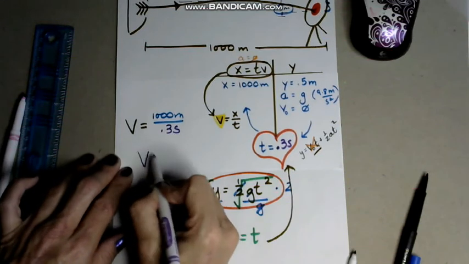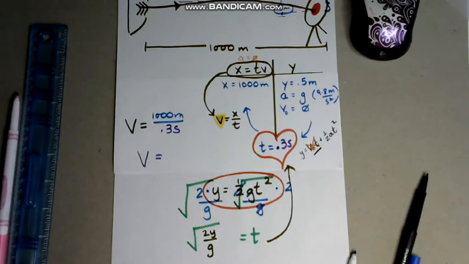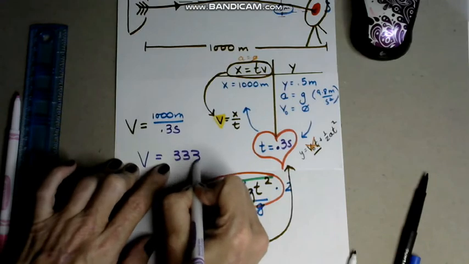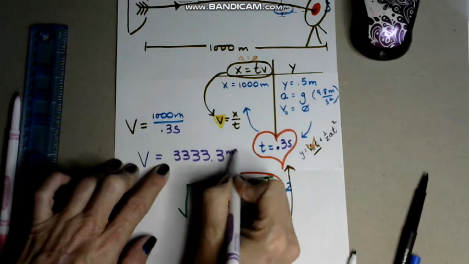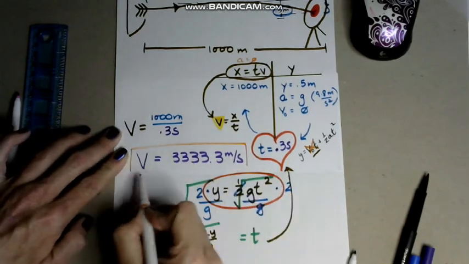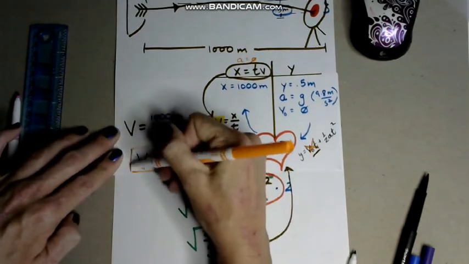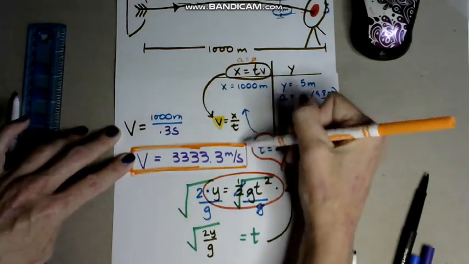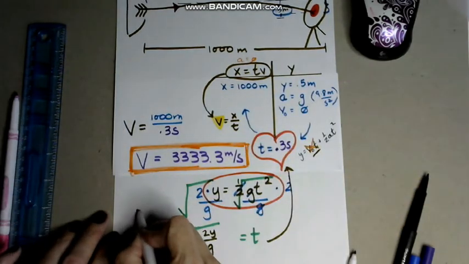And the velocity that I need is 1,000 divided by 0.3. And that is, whoa, that's really fast. 3.3 meters per second. Boom. That is how you solve a projectile motion problem of this sort. Okay? Yay! You like that?